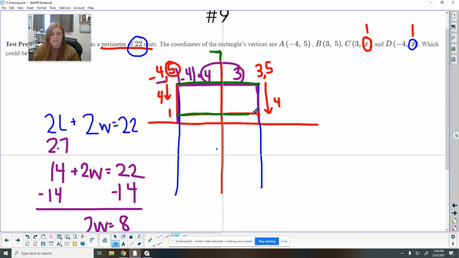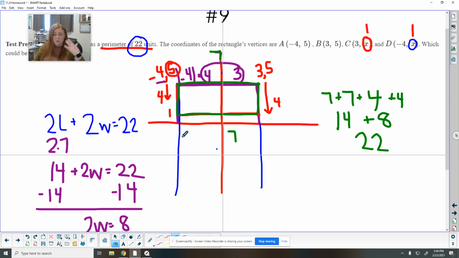That means from here to here is 7. So 7 plus 7. And this side, 5 to 1 makes 4. And 1 to 5 makes 4. So here is 14 plus 8 is 22.